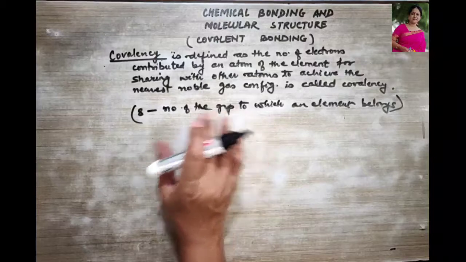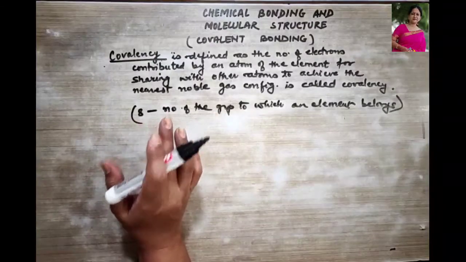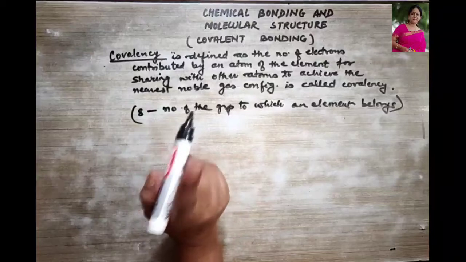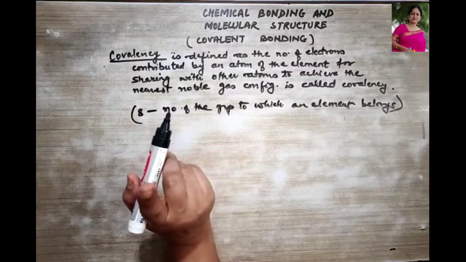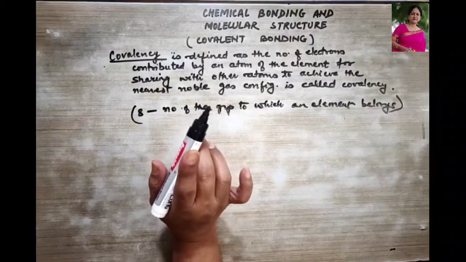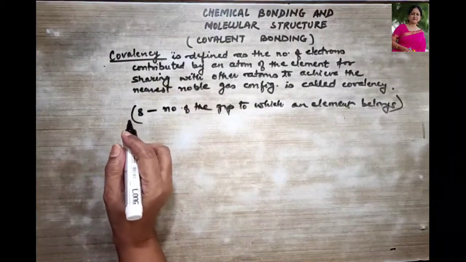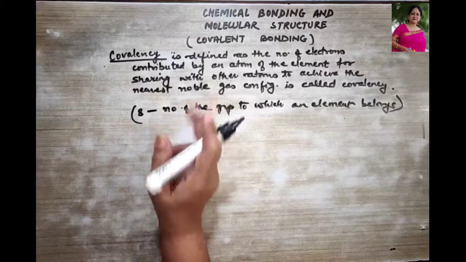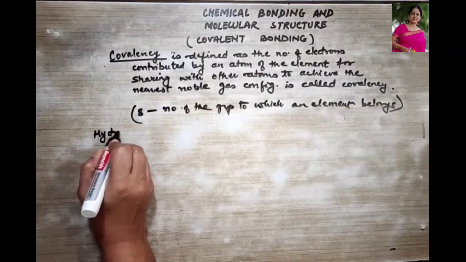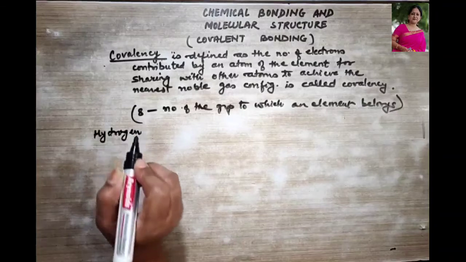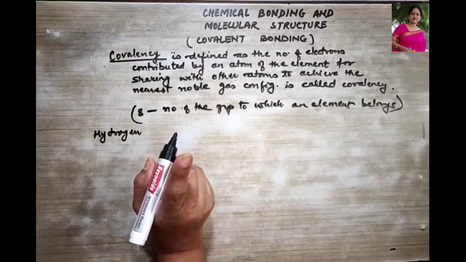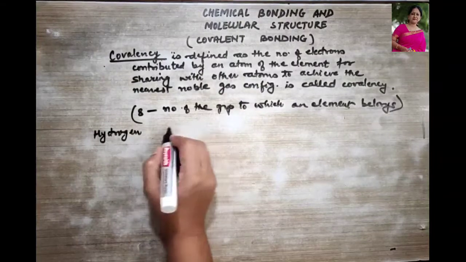Clear? Generally, the covalency of an element is always equal to the total number of unpaired electrons in the s and p orbitals of the valence shell. So let us take certain examples and understand the covalency concept. Let's first start with hydrogen. Hydrogen has one unpaired orbital. How? Let's see.